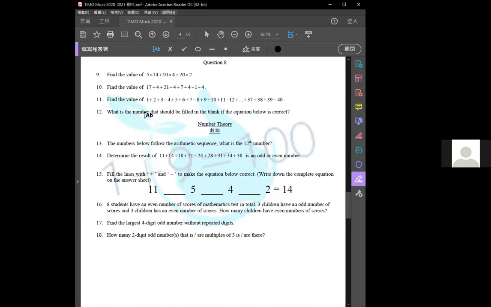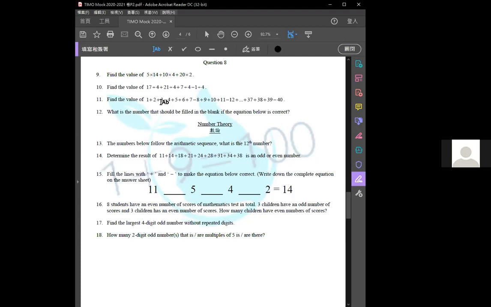For question 11, we find the value of such number. So first, we'll try to see how the pattern goes. Let's see if there's any pattern here. First, we'll try some of them, and then check whether there's a pattern.